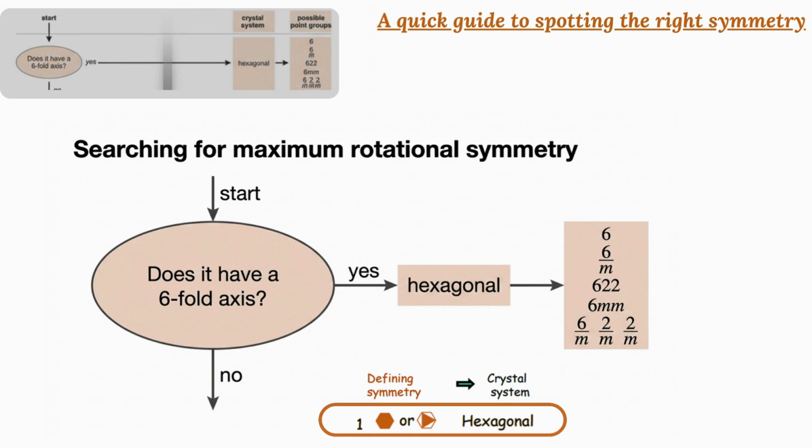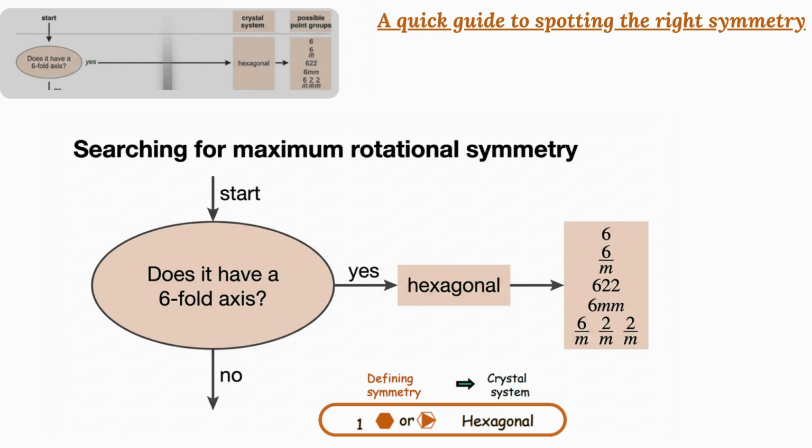If the answer is yes, then the crystal system is hexagonal, formed from these possible point groups: 6, 6/m, 622, 6mm, 6̄m2 and 6/mmm. So by identifying the sixfold symmetry in the crystal, we can say these are the only possible point groups for that particular crystal system.